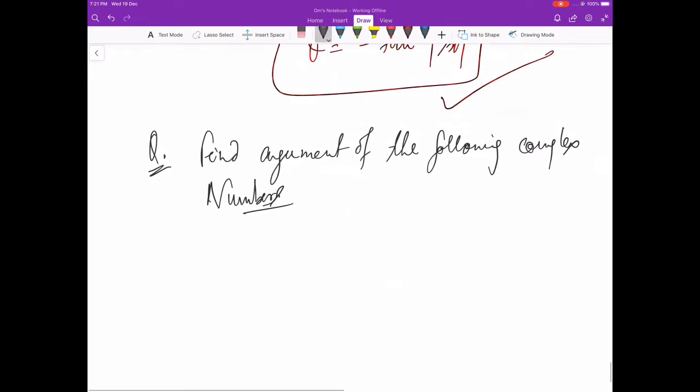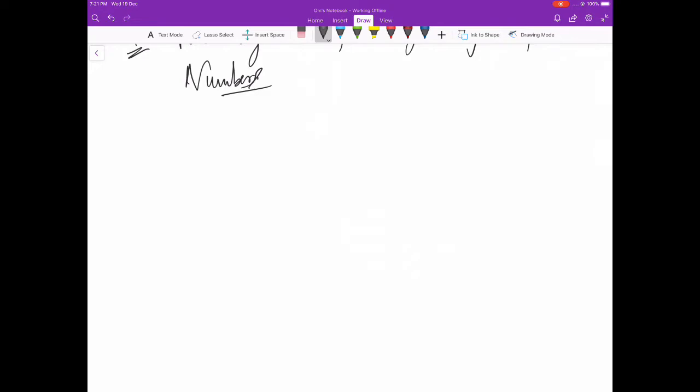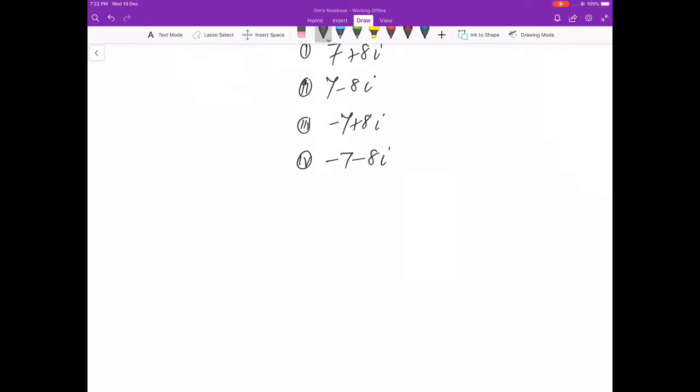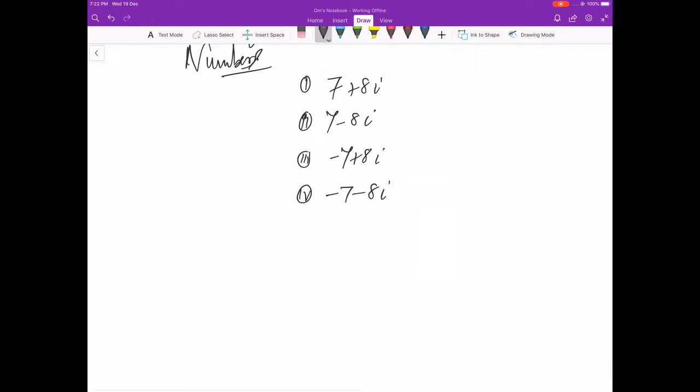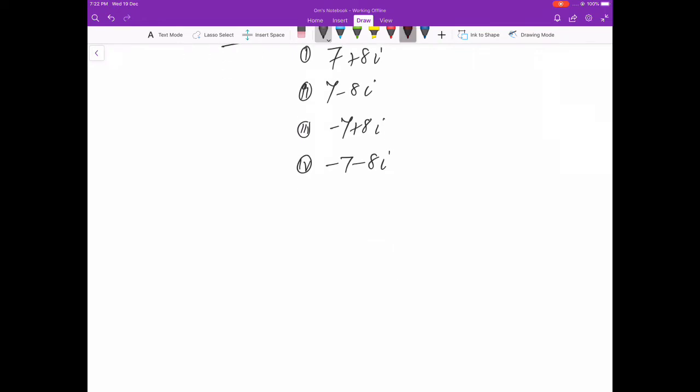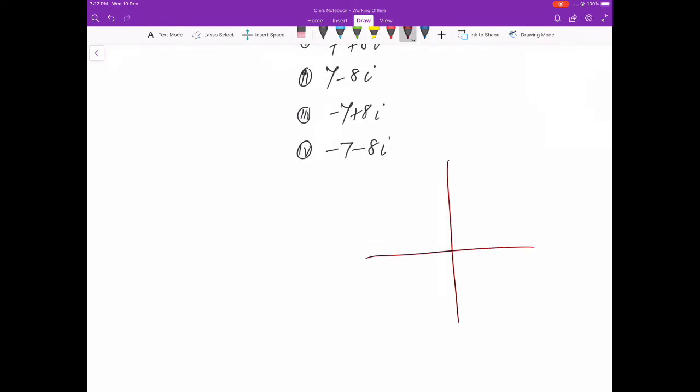Let it be 7 + 8i, next is 7 - 8i, third is -7 + 8i, and fourth is -7 - 8i. What we have already seen is that in the first quadrant the argument is theta, in the second quadrant it is pi minus theta, in the third theta minus pi, and in the fourth minus theta.